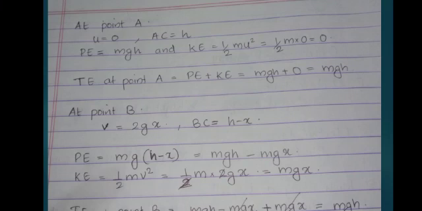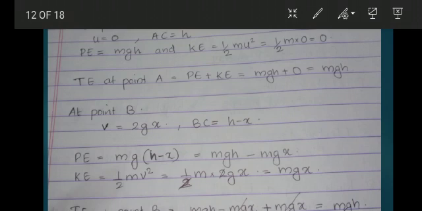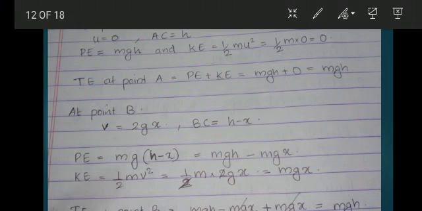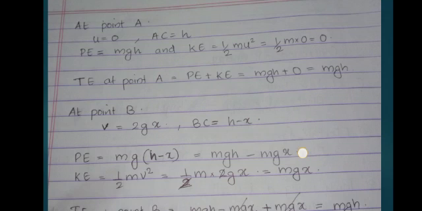Now potential energy we have to find with the equation mass into acceleration due to gravity into height. Here height is h minus x. So we will have the equation PE is equal to mg(h minus x). So we will multiply this mg inside the bracket, so we will have the equation mgh minus mgx. Now we will find the potential energy.